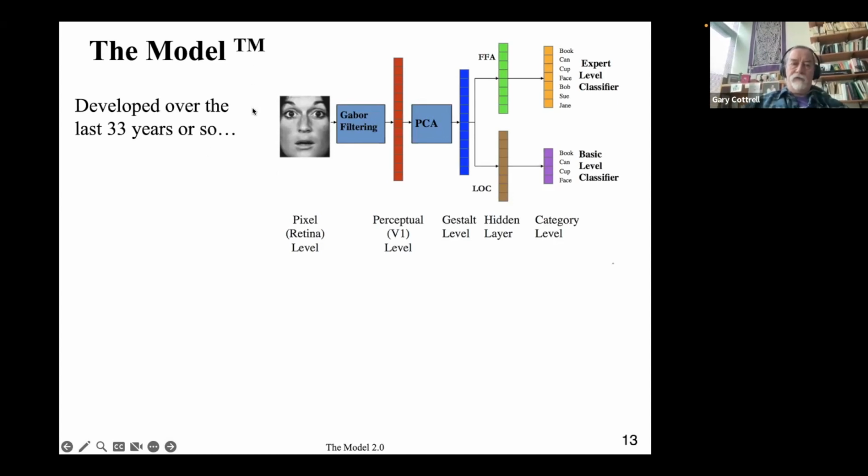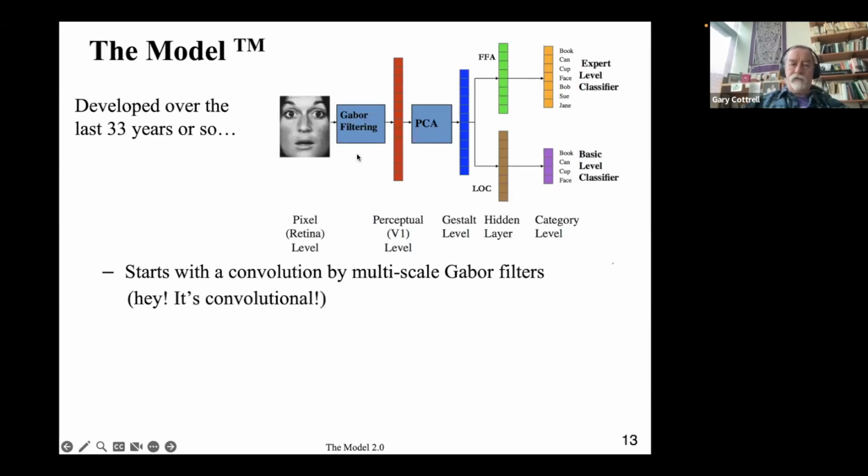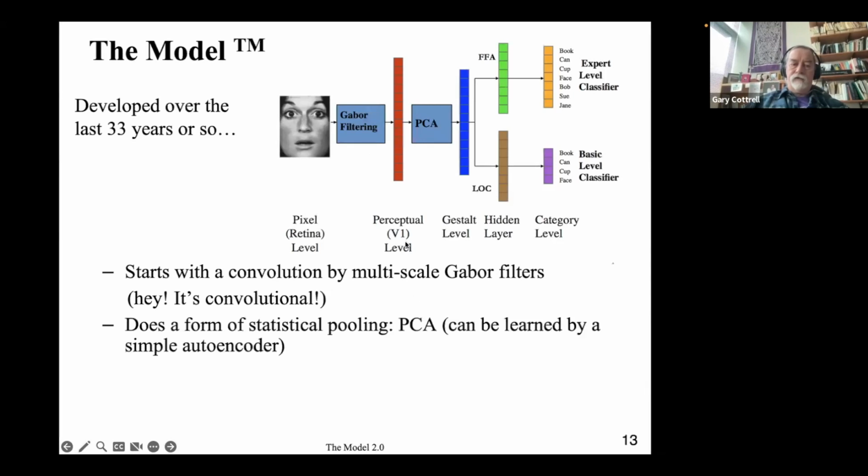Tommy Poggio had the standard model at MIT, so I decided to call mine the model. And it starts with a convolution by multi-scale Gabor filters. Hey, it's convolutional. And then does a form of statistical pooling with PCA. Hey, it does pooling.